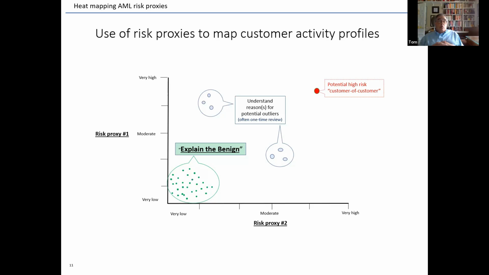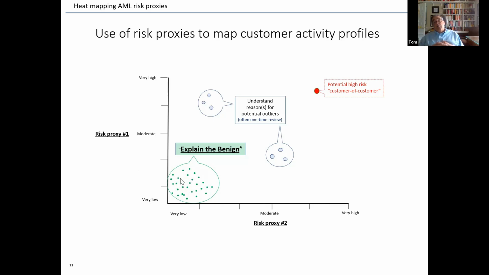You have your risk proxy 1 and your risk proxy 2. You try to get something that truly is a proxy for risk, from a bank's perspective. If you're in the lower left-hand corner, that's the benign. You want to have as much of your activity and customer base there as possible.